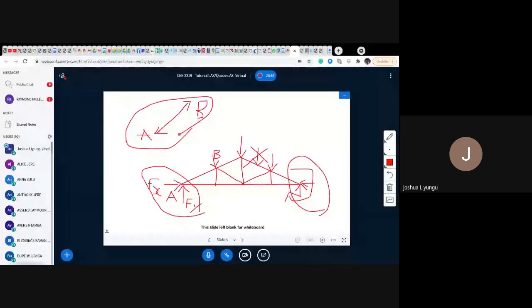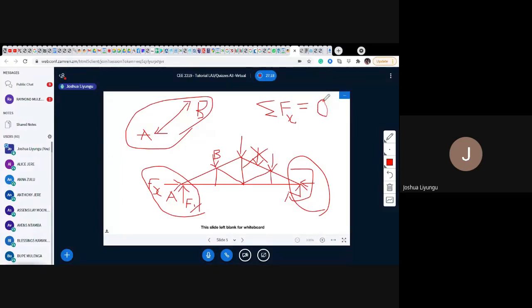And I said there are two methods of solving these problems. One method of sections, the other one method of joints. Then in lecture A6, we looked at the method of joints, which only applies two equations: summation of forces in the X and summation of forces in the Y should be equal to 0.